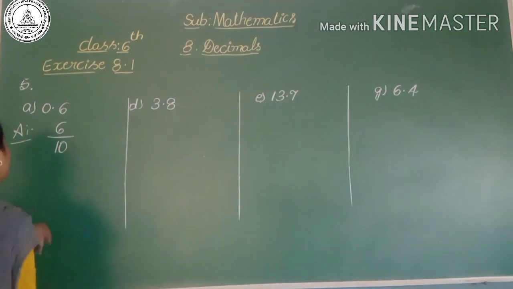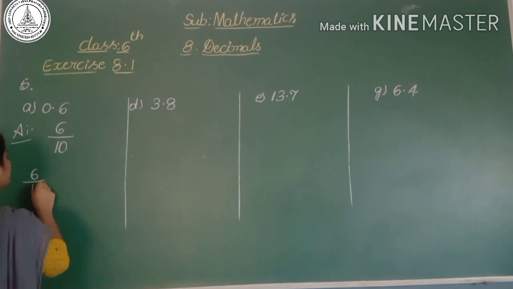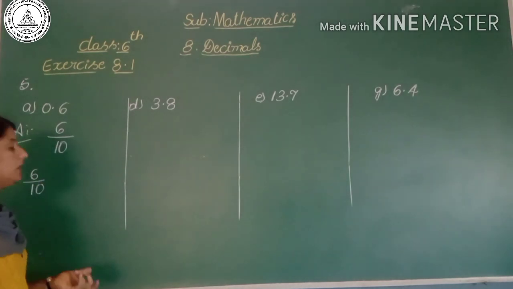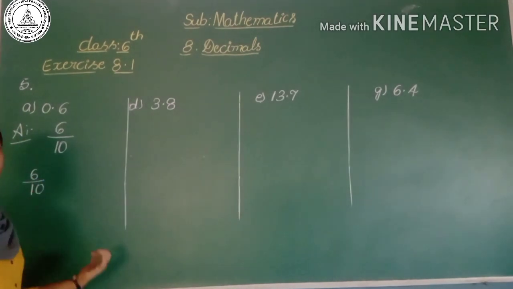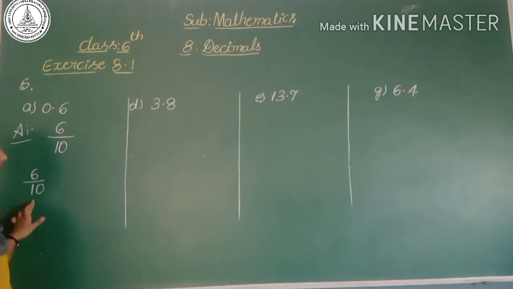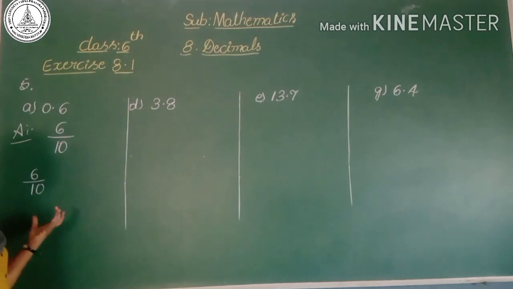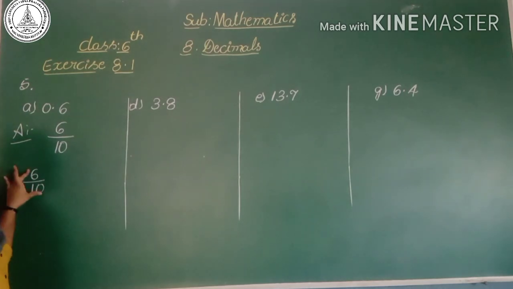6 by 10. How can we simplify this 6 by 10? By dividing the numerator and denominator by the same number. You can see here 6 and 10 are divisible by the same number. Which number divides both the numerator and the denominator? Yes, that is 2.